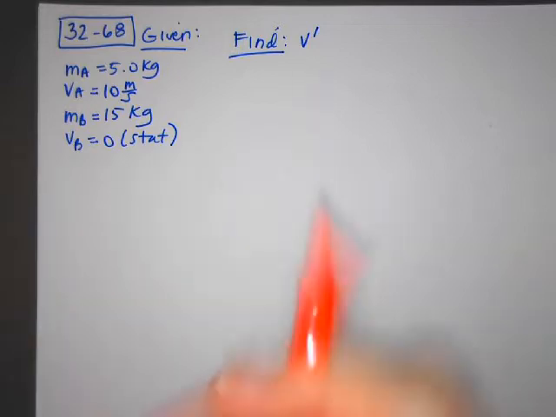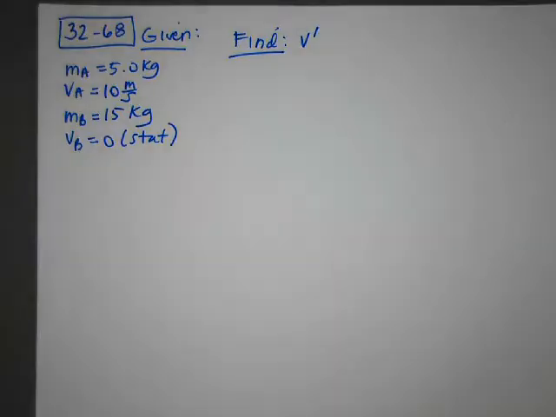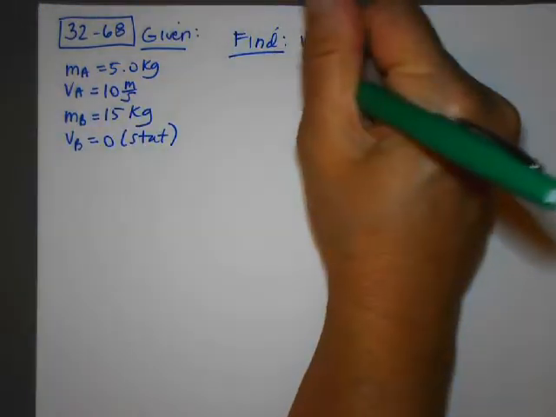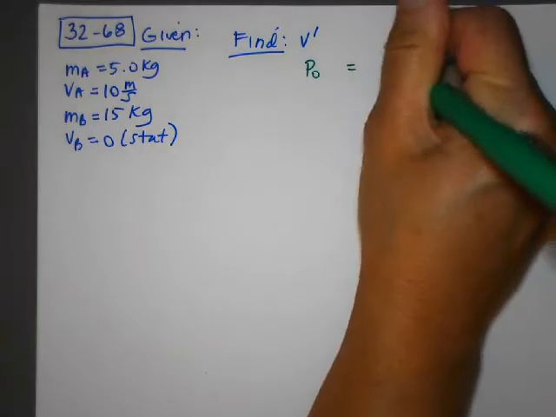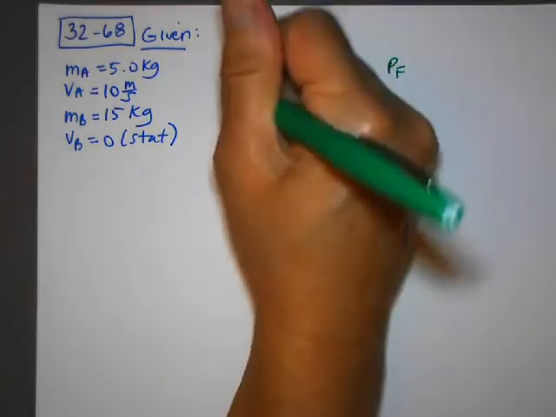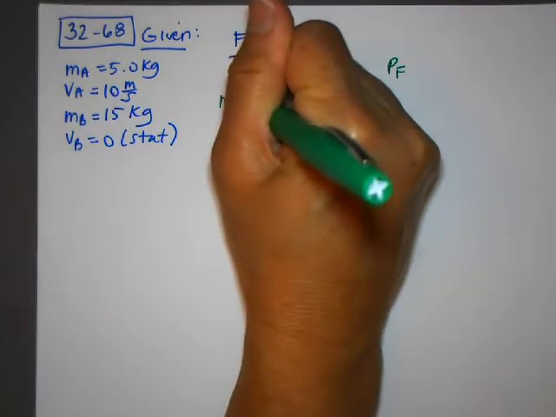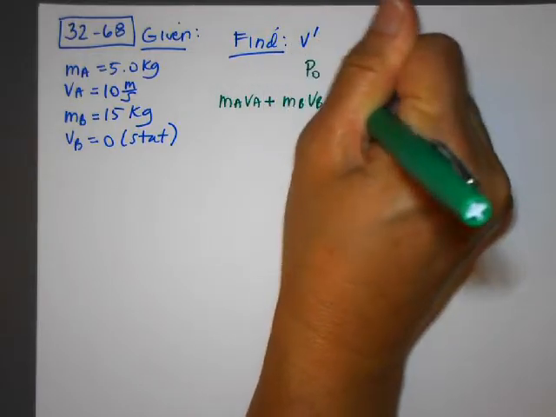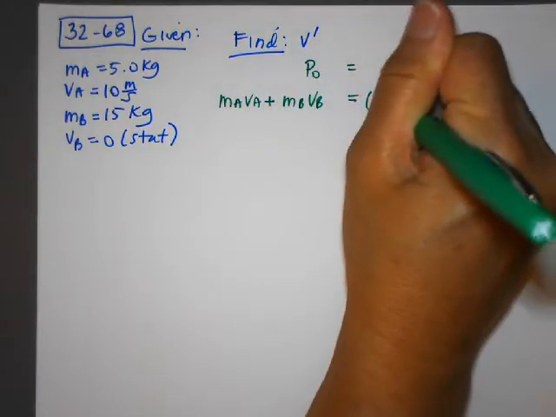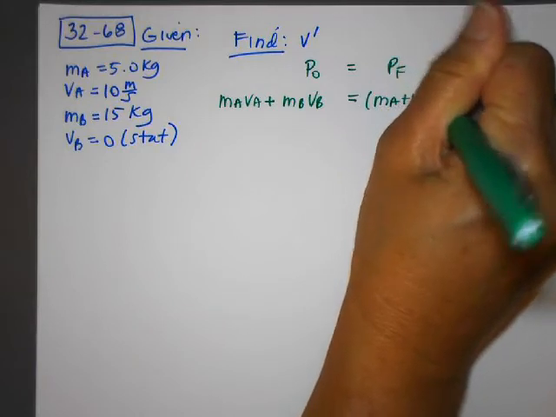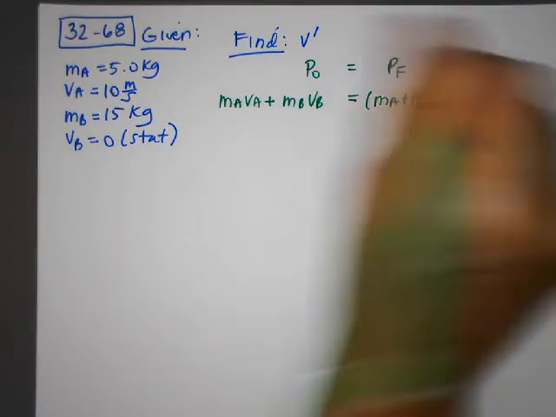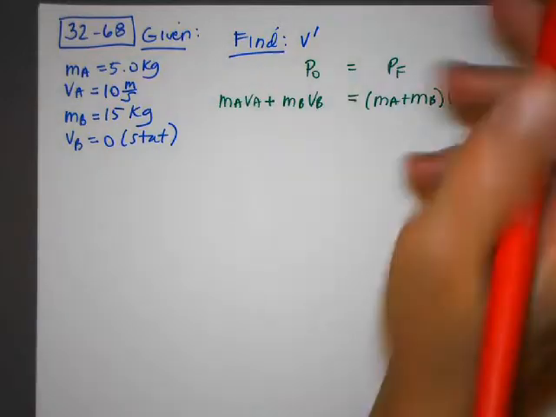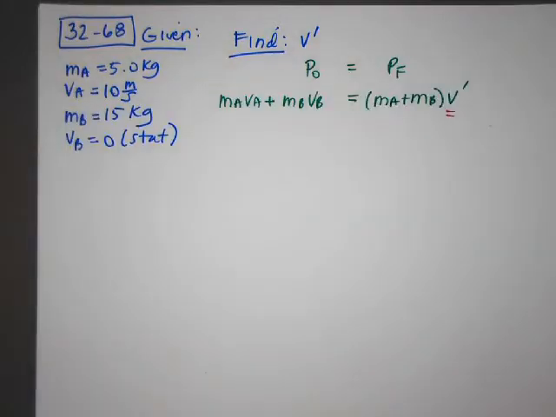So we know that the total momentum before, P naught, is equal to PF. So we're going to have MAVA plus MBVB is equal to MA plus MB times V prime. And that's what we want to solve for, V prime, because they're going to stick together and move on.